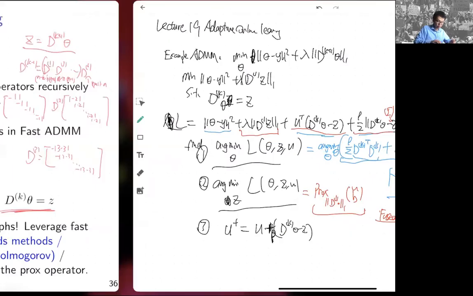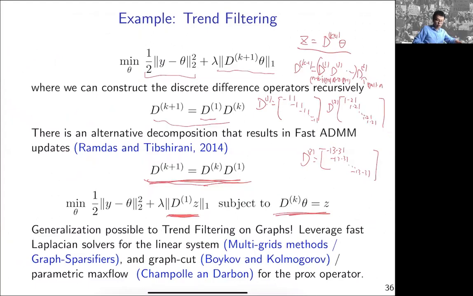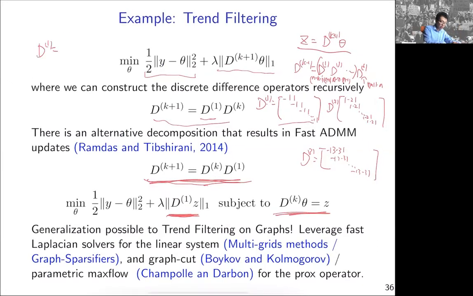All right, let's go back to this lecture. The idea can be generalized to other cases where D1, instead of being this simple difference operator of a sequence, has -1, 1, and everything else zero for each edge in a graph, with a set of vertices and a set of edges.